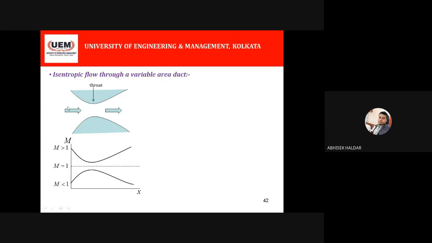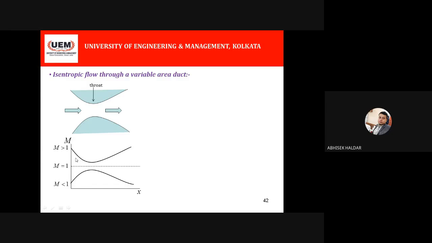My flow will be either subsonic, supersonic, or sonic. When my flow is sonic, it will not change. The middle one, this dotted line, will be that case. This is the graph between the Mach number and the length of the duct x, for the supersonic case M greater than 1 and the subsonic case M less than 1.